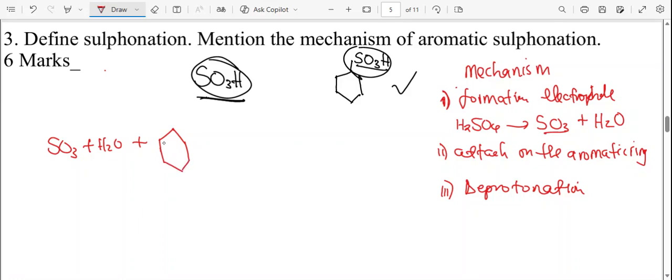This is a benzene ring, right? So what will happen is, this is the first step, formation of this one, I've done it. Then also attachment, I'm now demonstrating attachment on the aromatic ring.